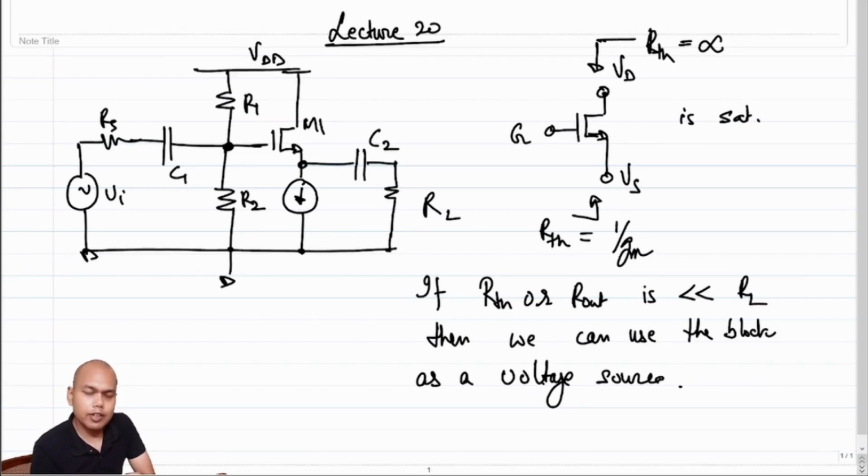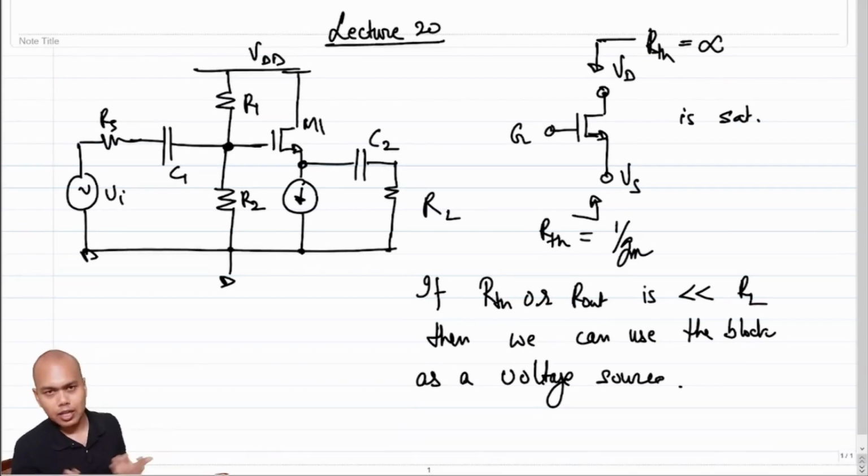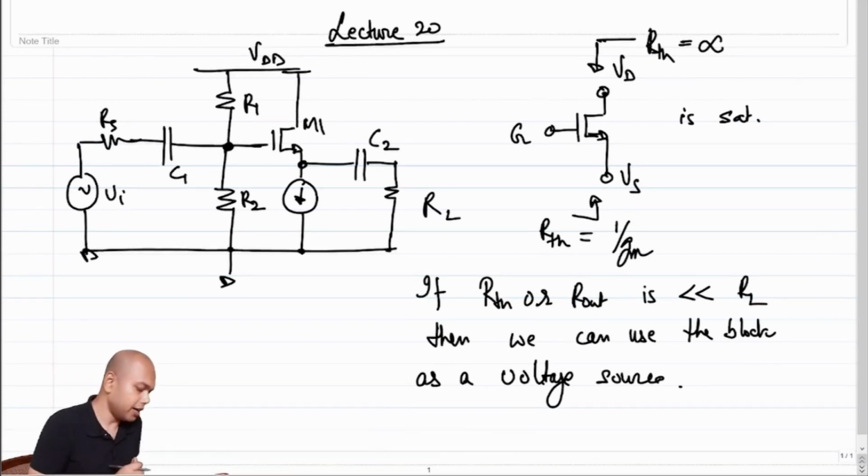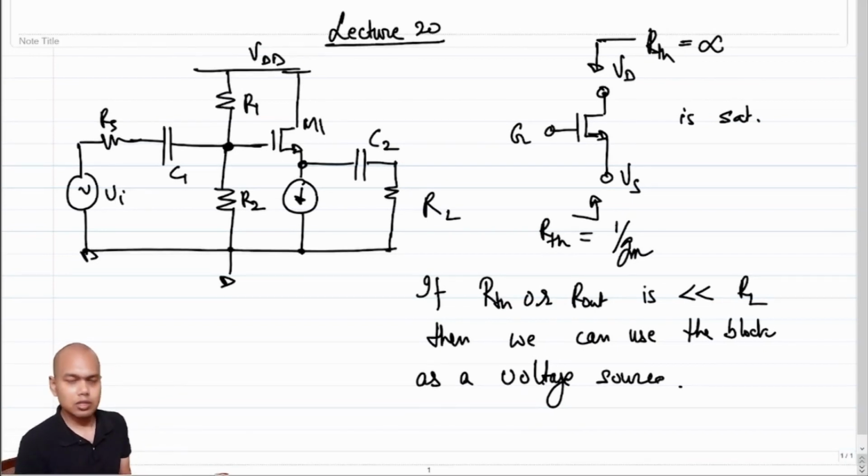And we saw that as long as Gm of M1 times RL is much greater than unity, which is another way of saying 1 over Gm is much smaller than RL, then RL was not loading the transistor, which essentially means that the transistor is now acting as a voltage source while driving RL, right?